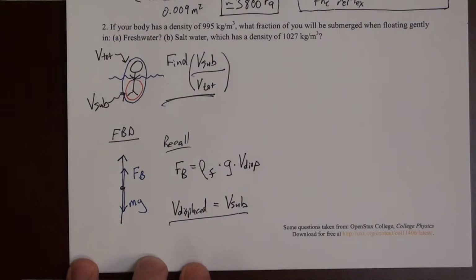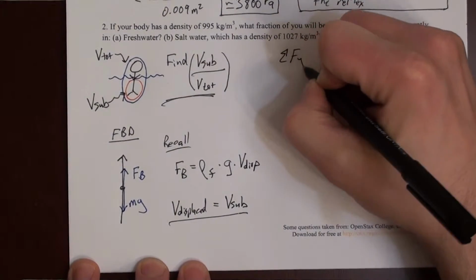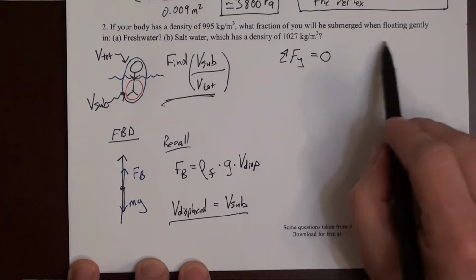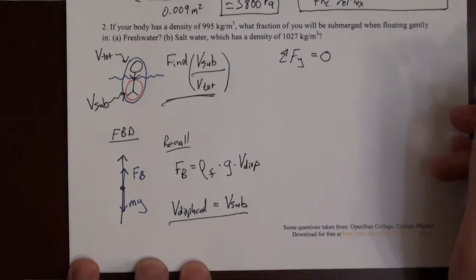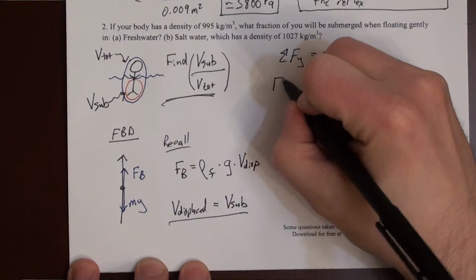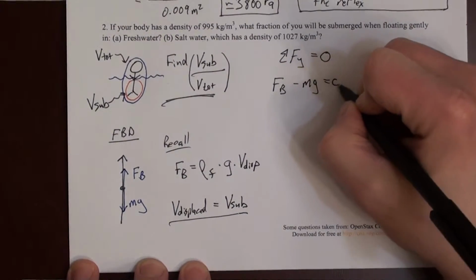So now we can apply Newton's second law here. We'll say the sum of the forces in the y direction equals 0 in this case because we're floating gently. So evidently we're not moving up or down, so there's no net force. That means that the buoyant force minus weight equals 0.